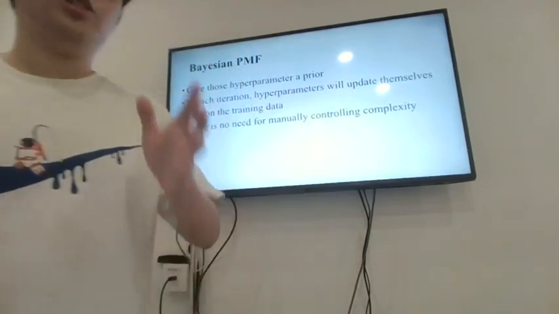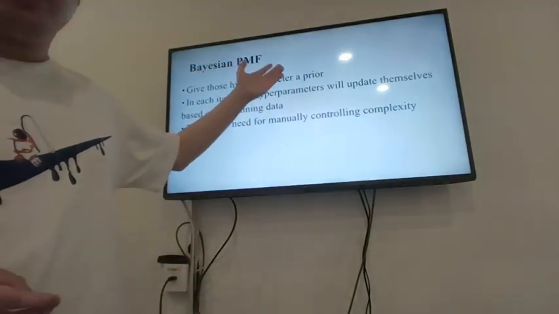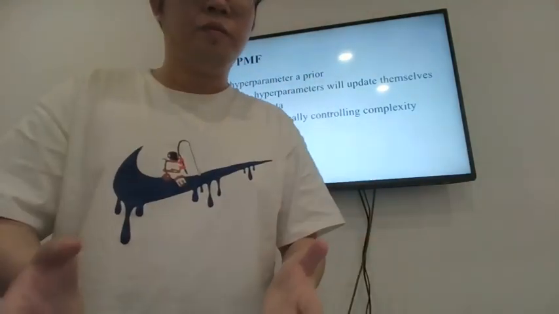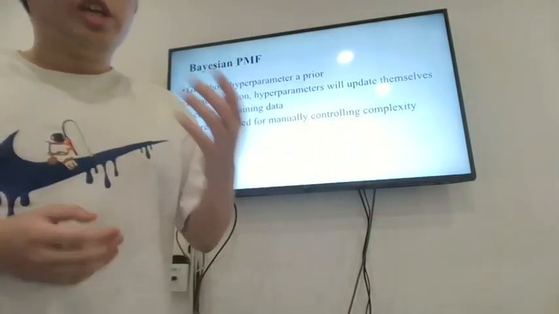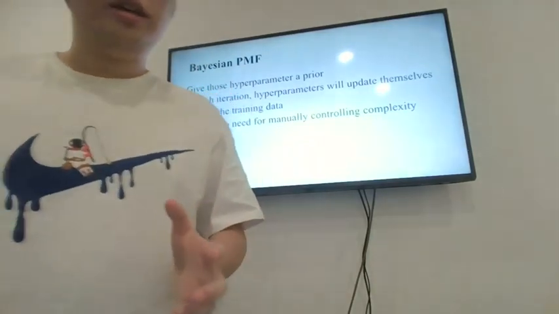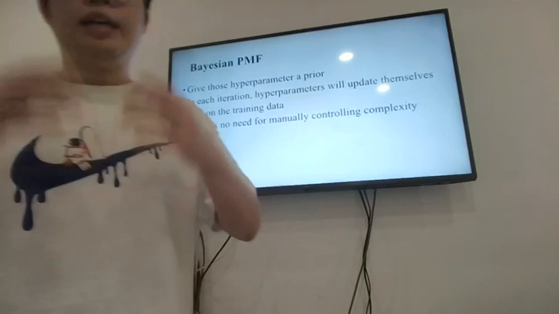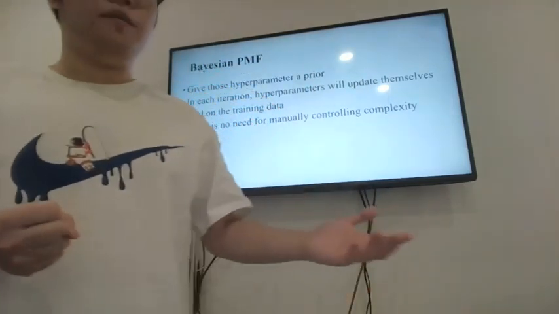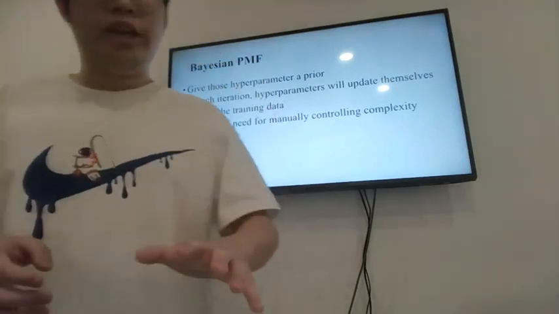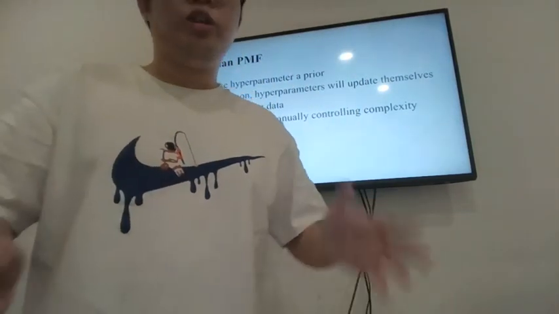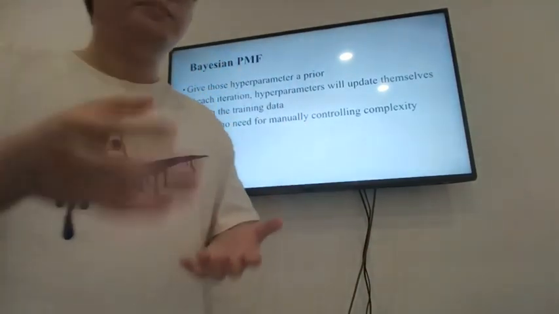To overcome this drawback, we developed Bayesian PMF, which is the method we use. The idea for Bayesian PMF is that we give the hyperparameters a prior in each iteration. The hyperparameters can be updated by themselves based on our training data, so there's no need for us to control the complexity manually.